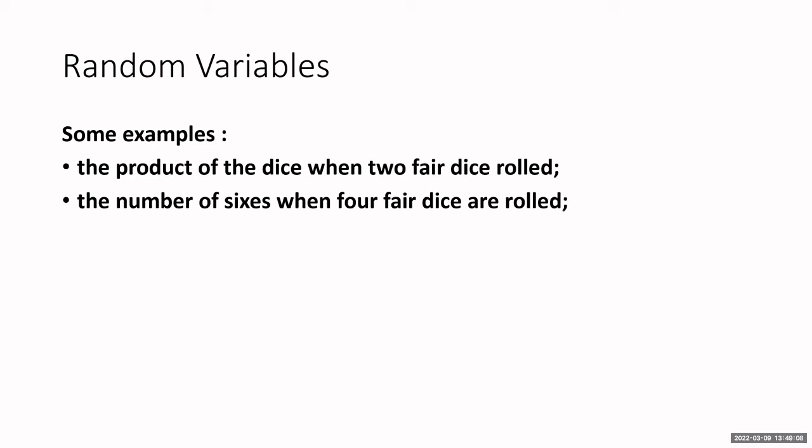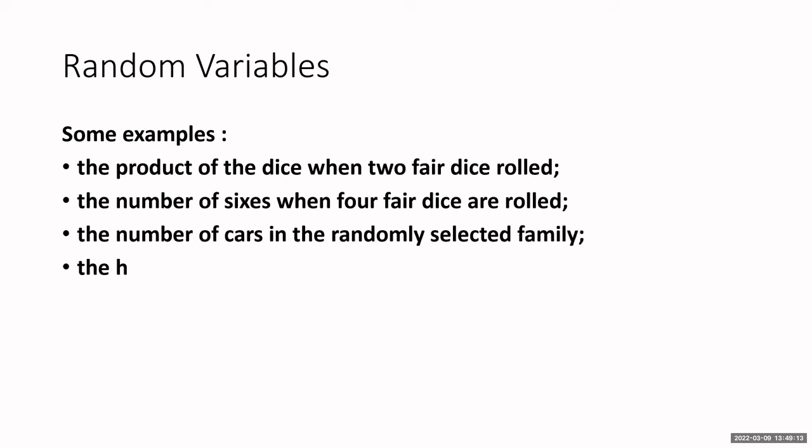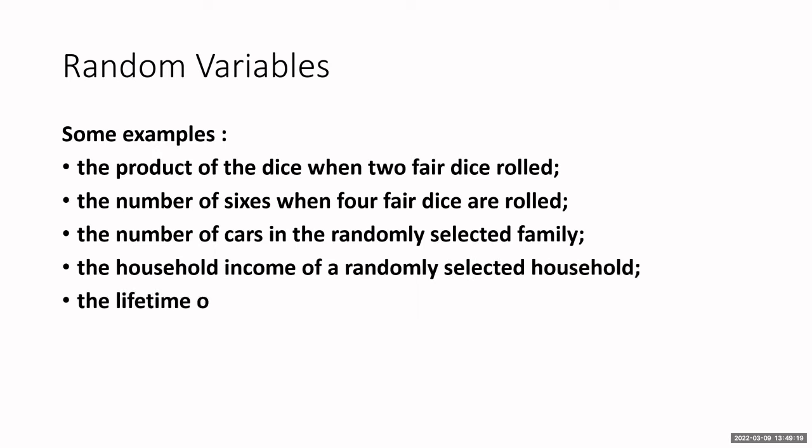Now, some examples of random variables: the product of the dice when 2 fair dice are rolled, the number of 6s when 4 fair dice are rolled, the number of cars in a randomly selected family, the household income of a randomly selected household, the lifetime of a randomly selected bulb.